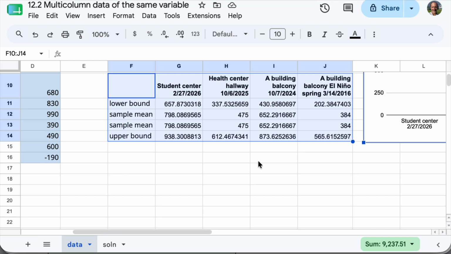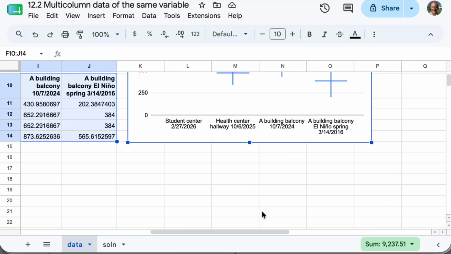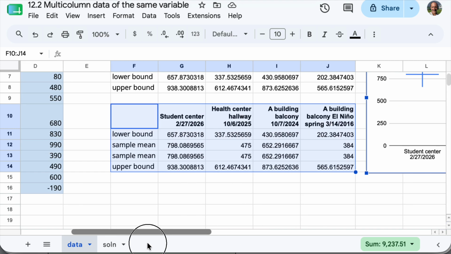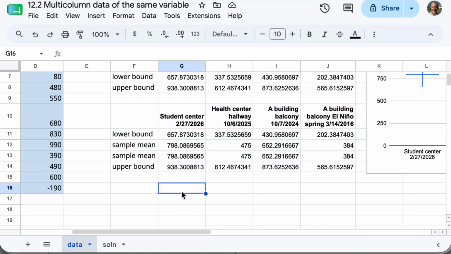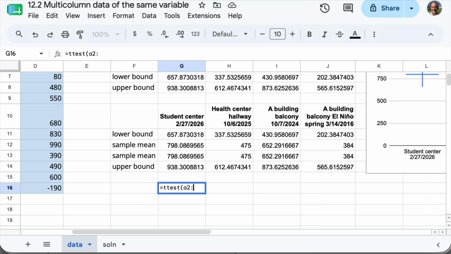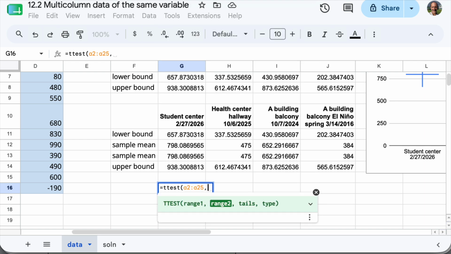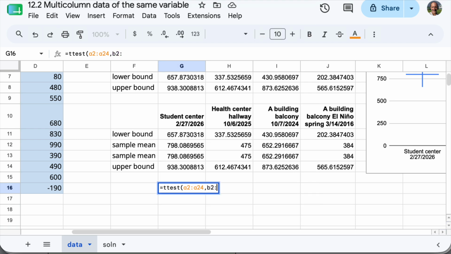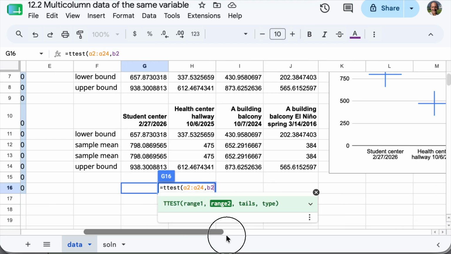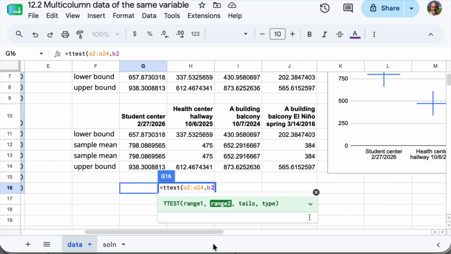So, for example, I've said that the difference between the student center and the health center is significant. You can check that by typing equals the t-test of A2 to A25, comma, well, A24 technically for that one, B2 to B25. That's where the data is.